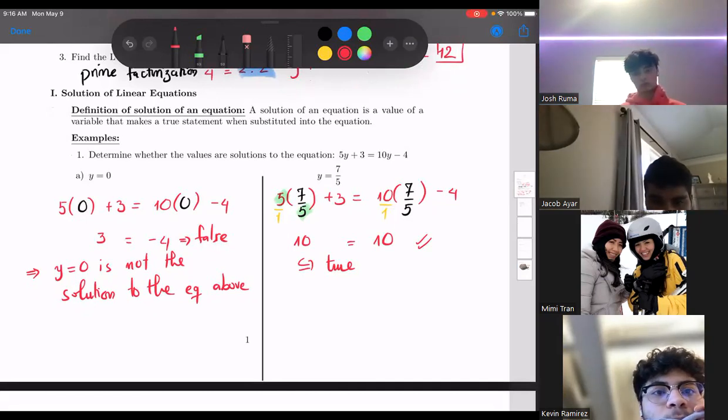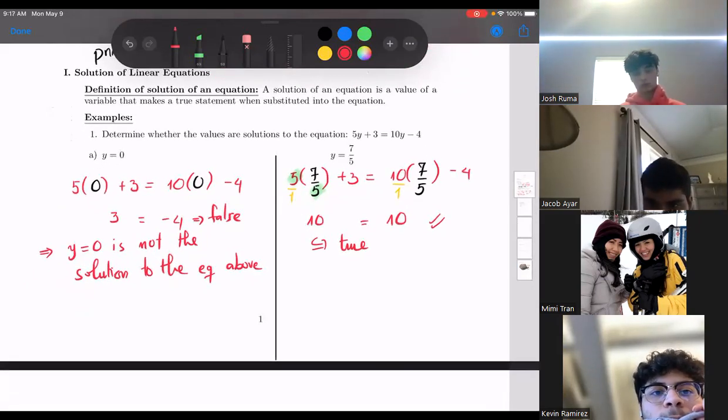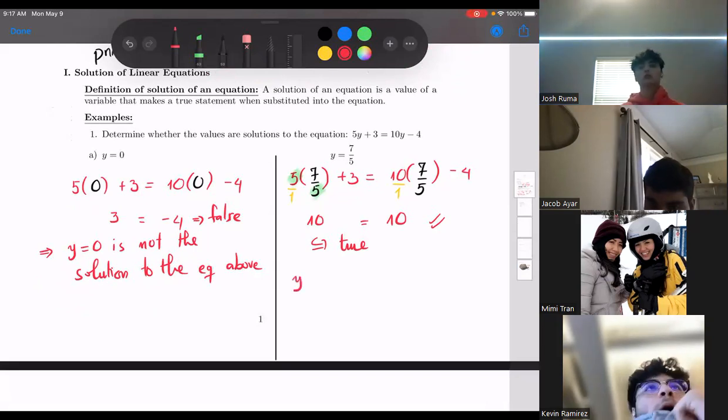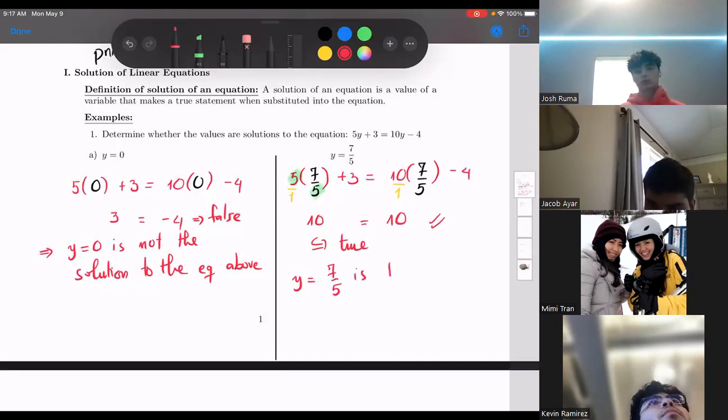When I plug in 7/5 and the left-hand side equals the right-hand side, this means 7/5 must be the solution, right? So this implies y equals 7/5 is the solution.